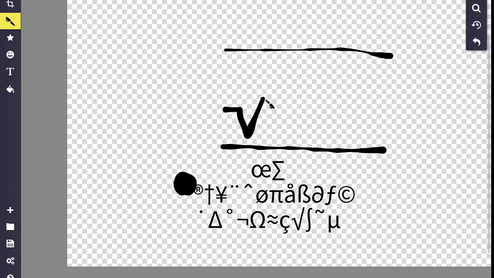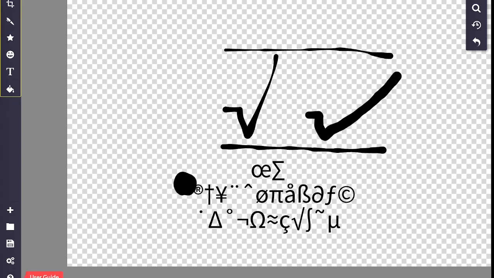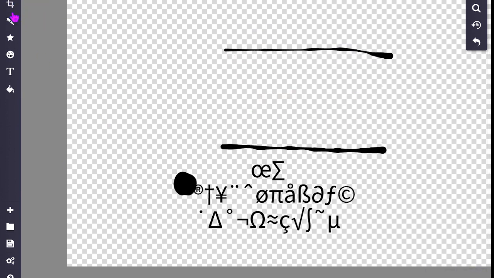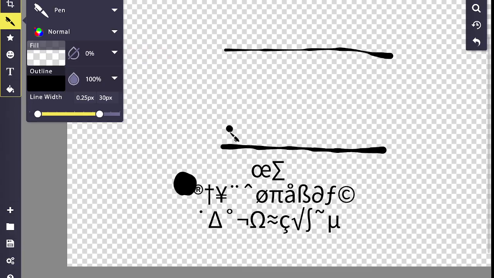Square root symbol. I don't really know. Guess make the line at a more straight angle. I don't know. Come on, select it already. Now, what is that, my friend?